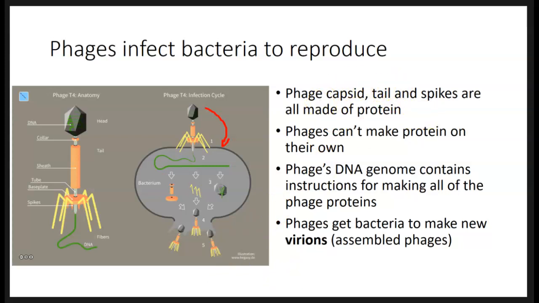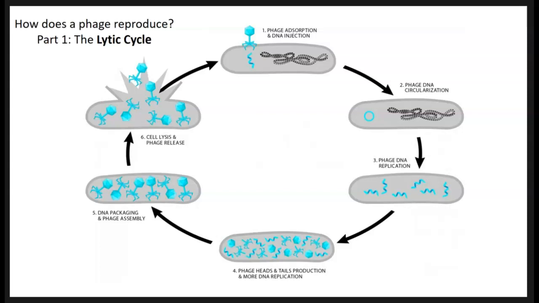But phages don't have any of the machinery to make protein on their own. The phage's DNA genome has all the instructions for making all these phage proteins. But in order to make those proteins, the phages have to get the bacteria to make new proteins. And they do that in a process that we call the lytic reproductive cycle.